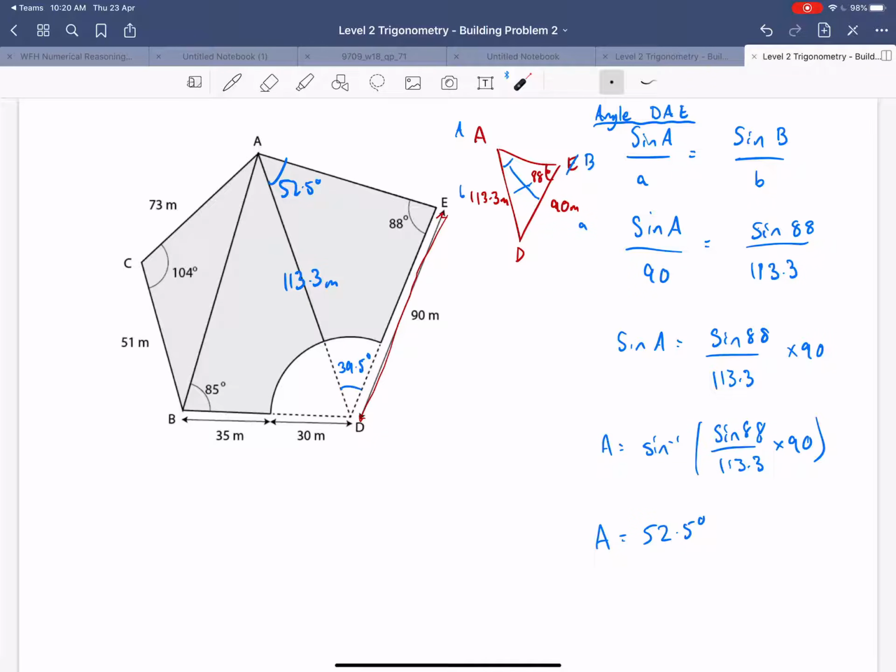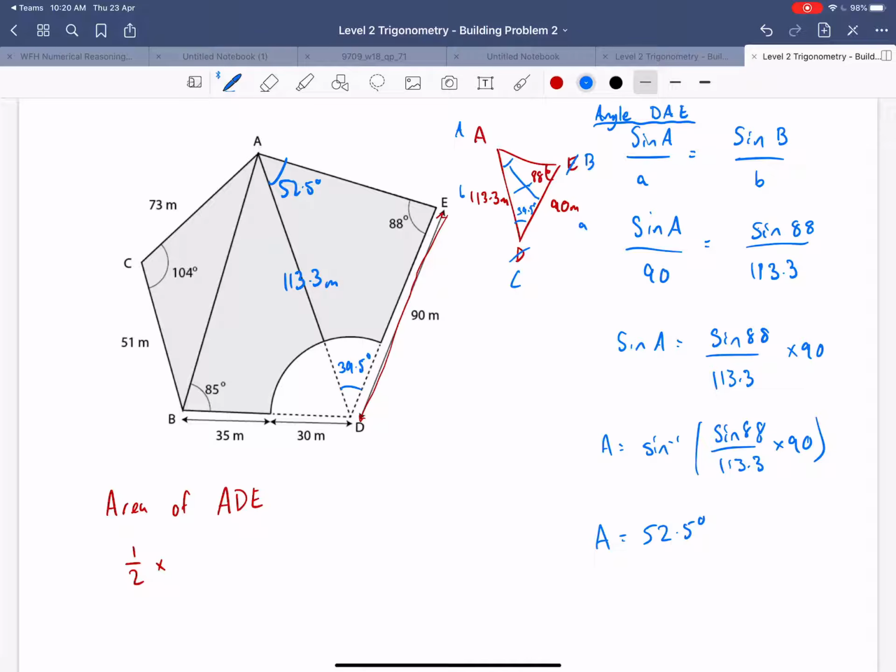So for now, I'm just going to find the area of ADE. So area of ADE is going to be a half times, oh, I don't actually need to, I've already got a and b as my two sides. This is now C, which is my angle 39.5.